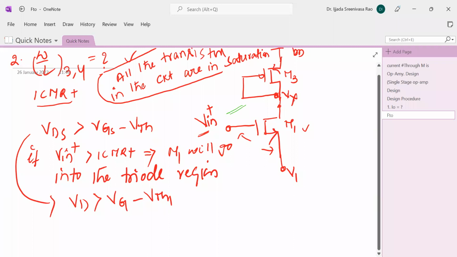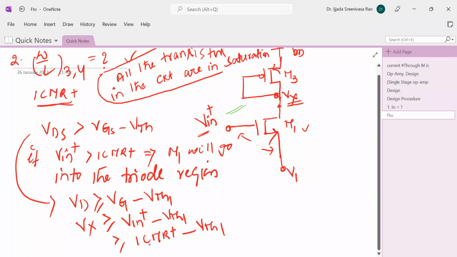VD value is nothing but Vx. It should be greater than or equal to Vz. Vz means what? Forget what is applied: Vn plus minus VTH1. Vn plus is nothing but ICMR plus, so Vx is greater than or equal to ICMR plus minus VTH1.